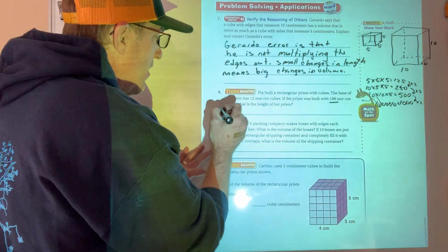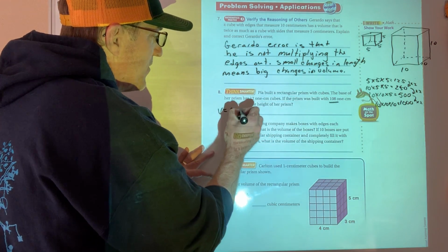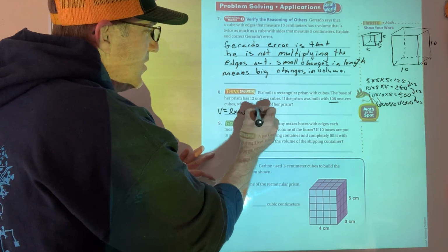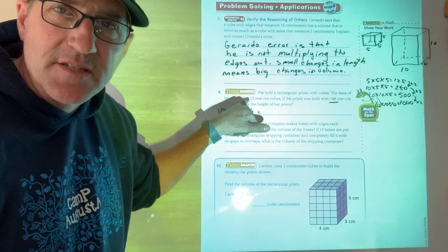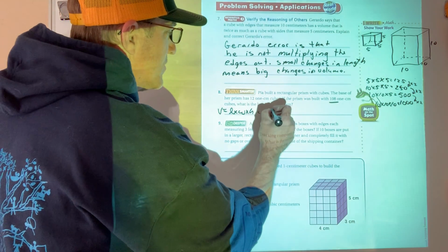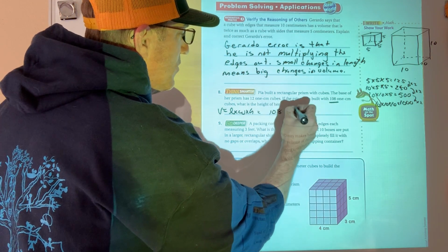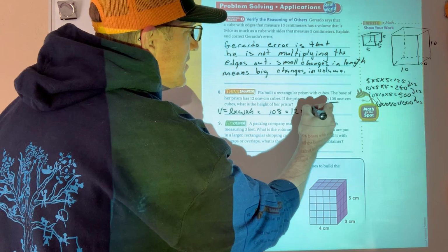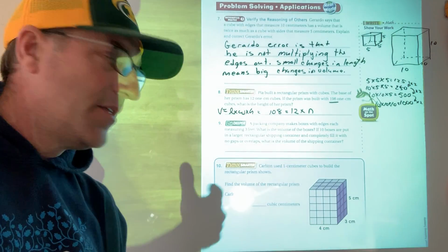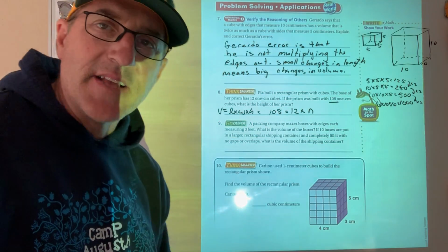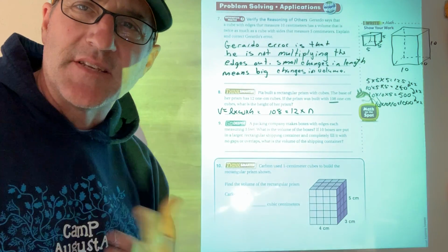So volume equals length times width times height, where length times width is my area. So 108 equals 12 times some unknown number. I'm going to show it to you with algebra, but it just means I need to divide 108 by 12 to get my missing number.